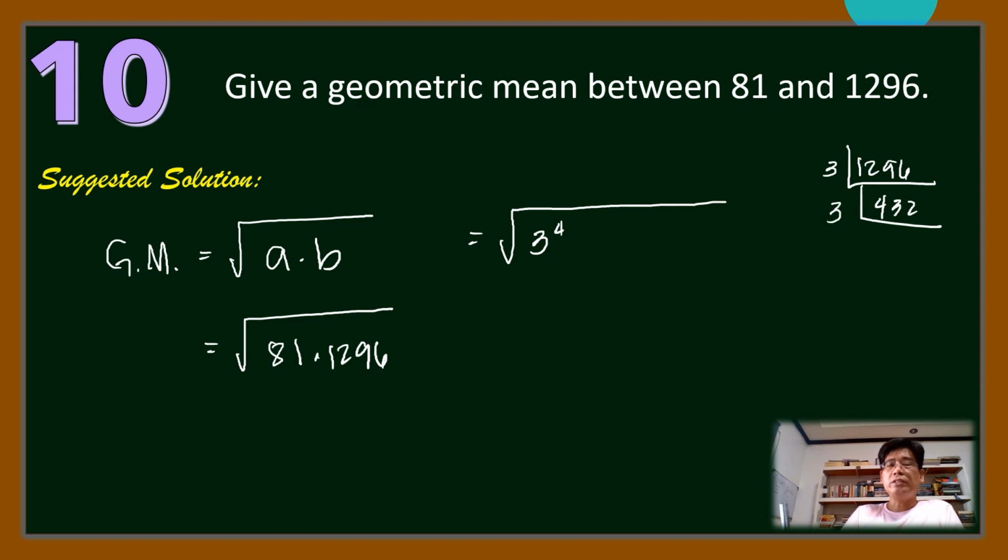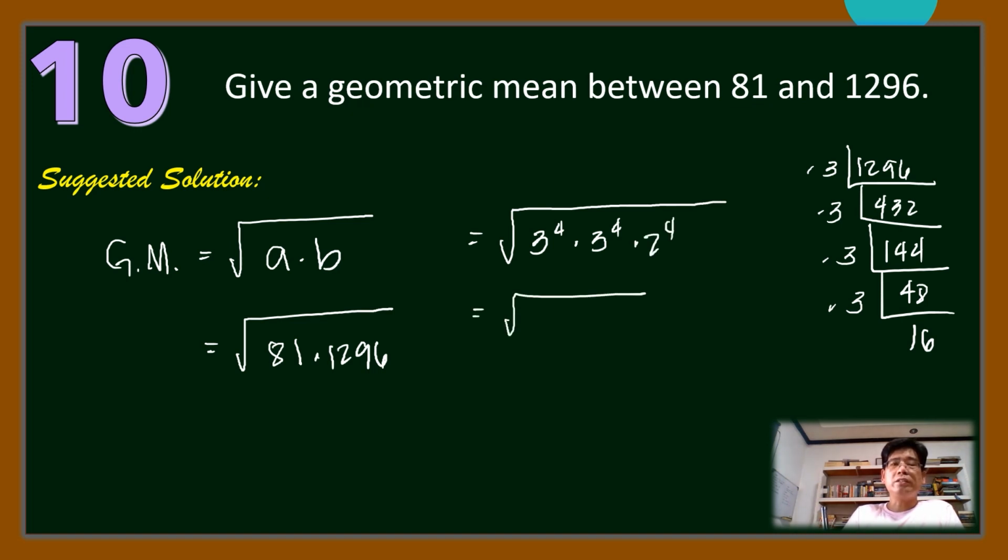Divided by 3 again, this is 144. Divided by 3, this is 48. Divided by 3, this is 16. So 1296 is 3 raised to the fourth power times 16. And we know that 16 is 2 raised to the fourth power.